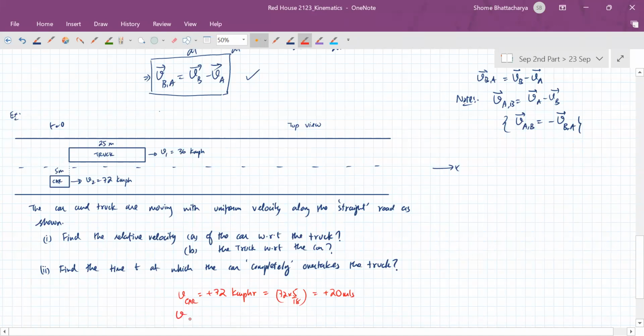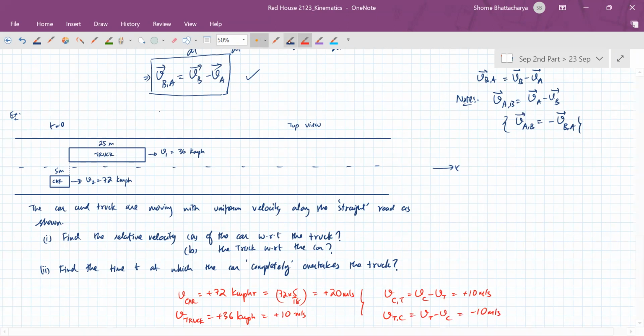Similarly, we can write the velocity of the truck as plus 36, that's the same thing as plus 10 meters per second. So the velocity of the car with respect to the truck will become plus 10 meters per second, or the velocity of the truck with respect to the car becomes minus 10.